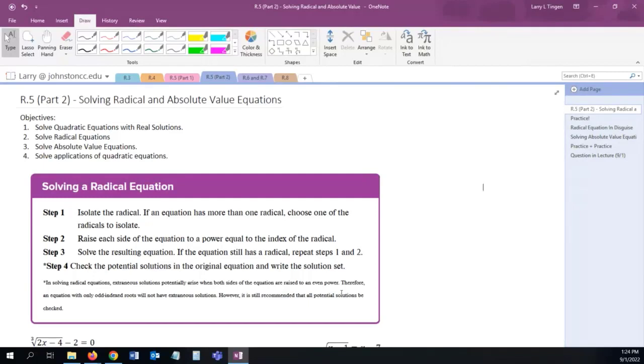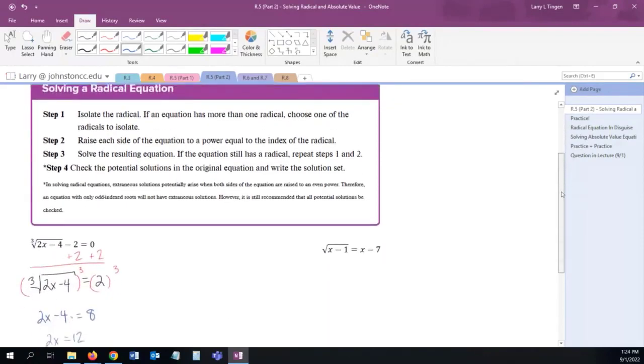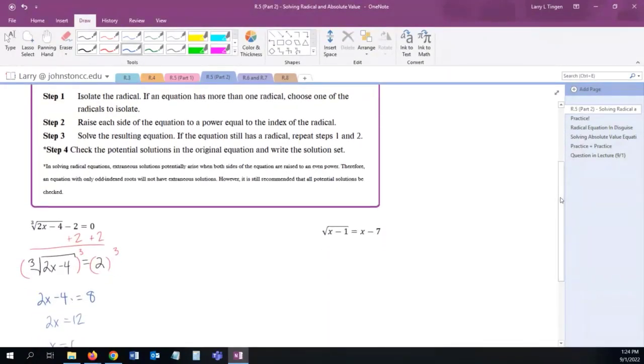So what we did last time in R5, this is the second part. We're dealing with radical and absolute value equations, and I quickly ran through this and did an example, and I wanted you to remember the steps when you're dealing with radicals.